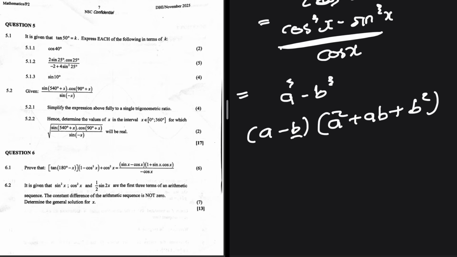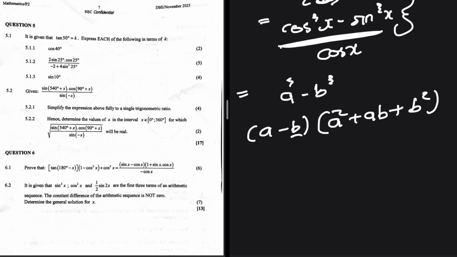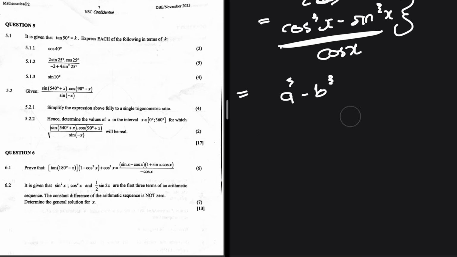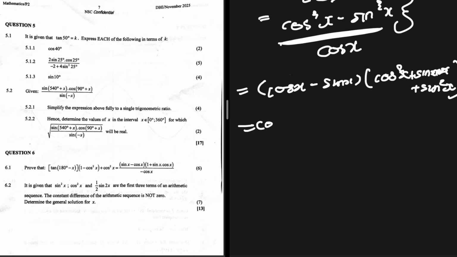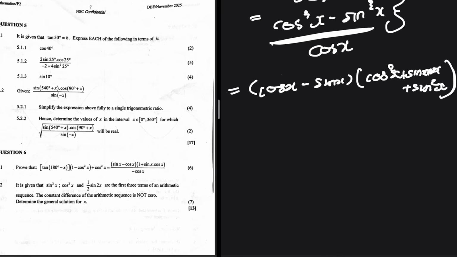So we're going to factorize this using the same rule. That means we're going to be left with cos x minus sine x into cos squared x plus sine x cos x added with sine squared x, all over cos x.